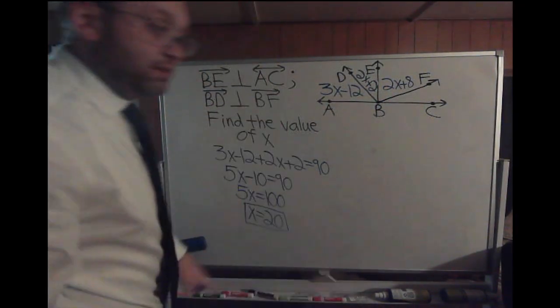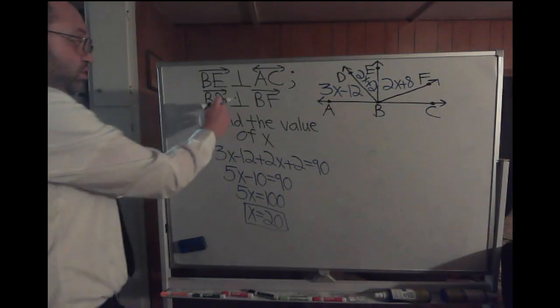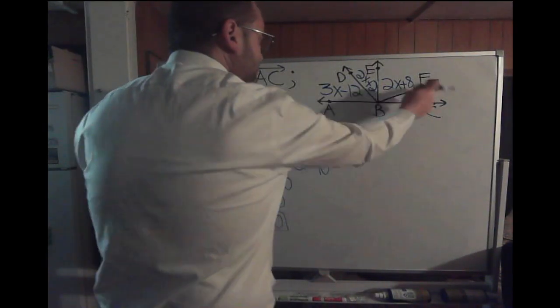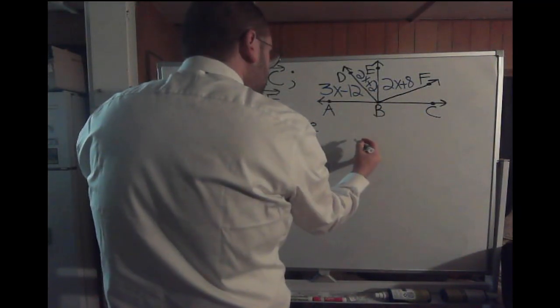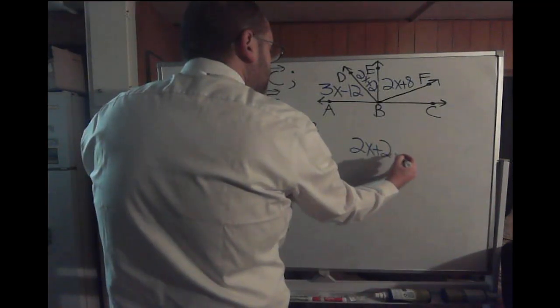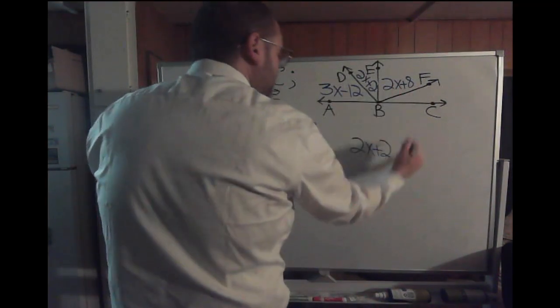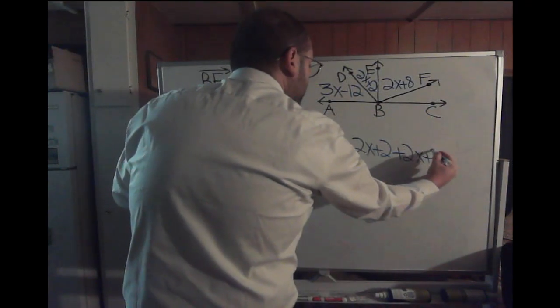Now, for the second way to do it, you can pick your poison. We know ray BD is perpendicular to ray BF, so that means angle DBE, which would be 2x plus 2, plus angle EBF, which would be plus 2x plus 8, equals 90.